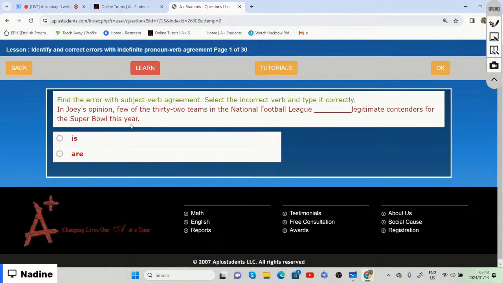So in Joey's opinion, a few of the 32 teams in the National Football League, do we say is legitimate contenders for the Super Bowl this year or are legitimate contenders in the Super Bowl this year? So do we say they is or they are?